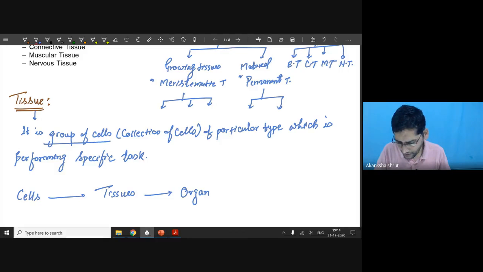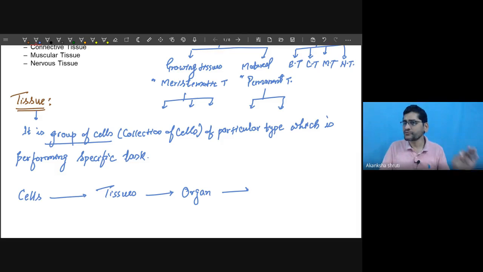Now these organs combine to form an organ system, like our digestive system if we consider. First we are taking our mouth. In our mouth, the tongue is one of the organs. The liver, which is giving the juice for digestion, that is the other organ. Intestine is one of the organs. Stomach is one of the organs.